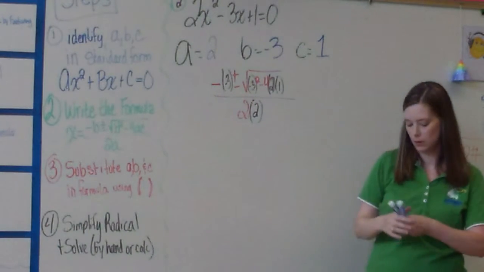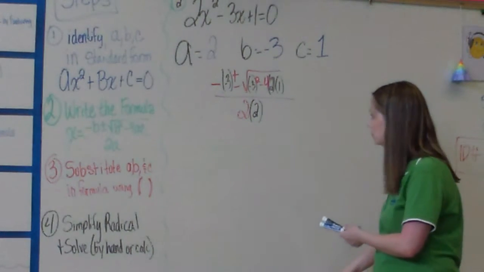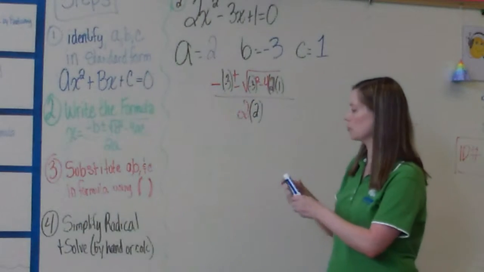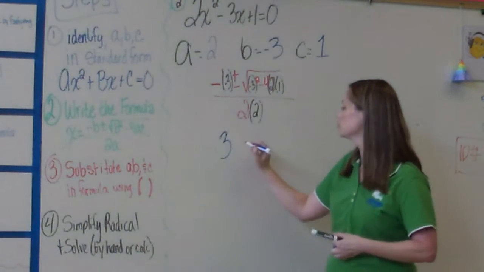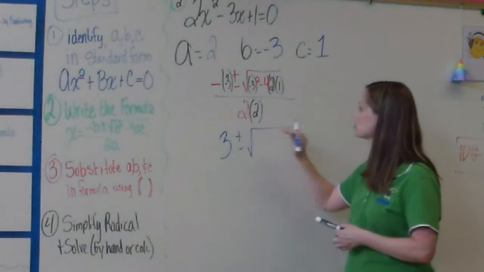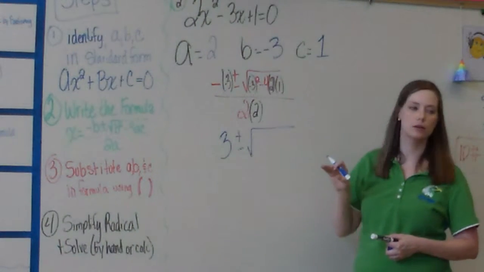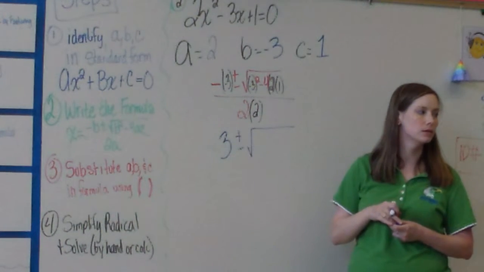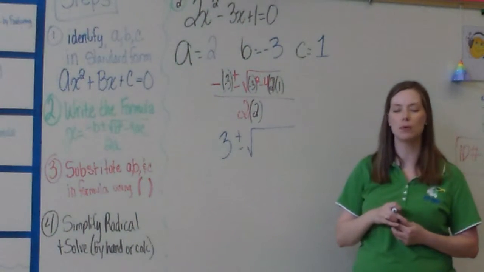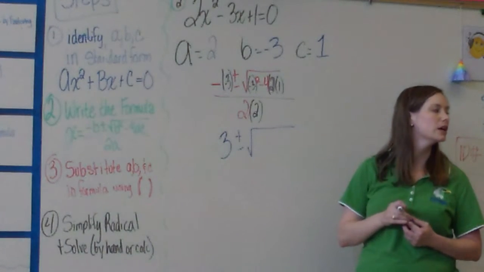Okay? So, here we go. Negative, negative 3 becomes 3 plus or minus root. Negative 3 squared is what? It is not 6. You do not multiply by 2. It is 9.